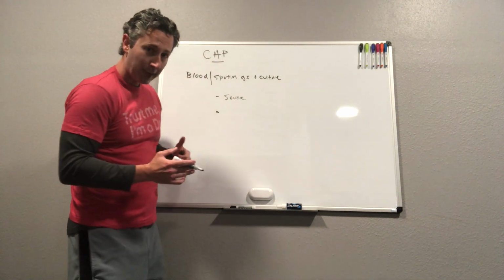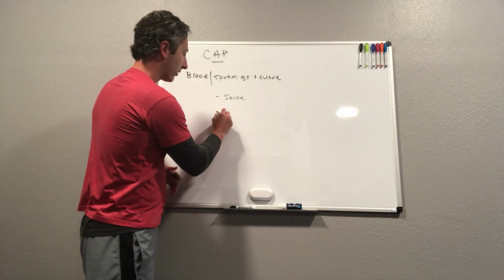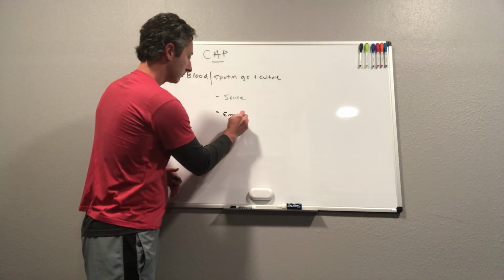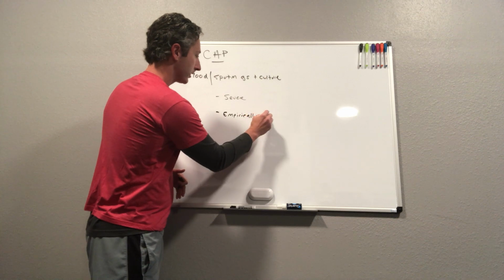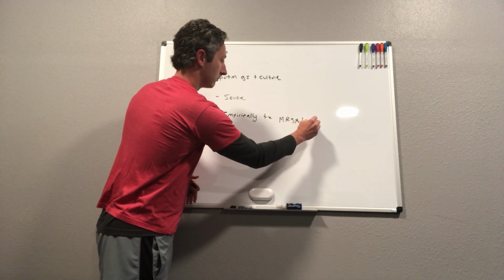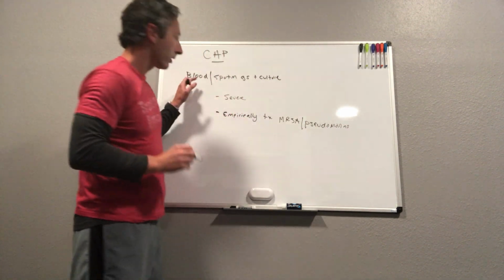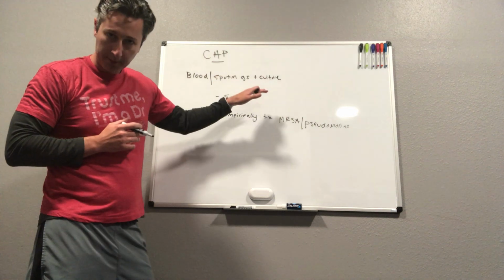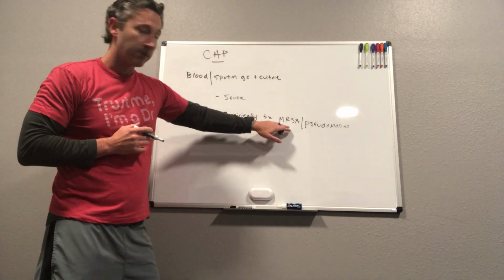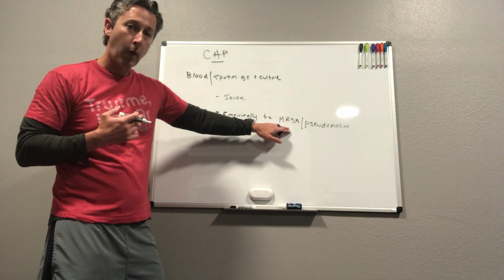The other criteria, and we're going to hit on this a little bit when we talk about treatment: if I'm empirically treating for MRSA or Pseudomonas, I really want to be getting blood cultures, sputum gram stain and culture. In the case of MRSA, I want to be getting my MRSA nares PCR, my nasal swab.